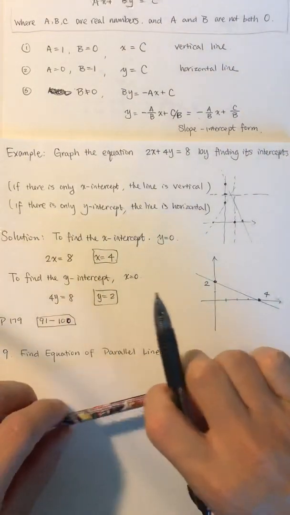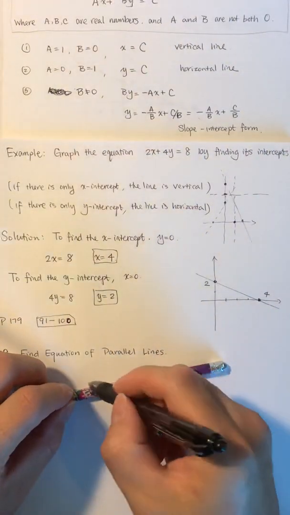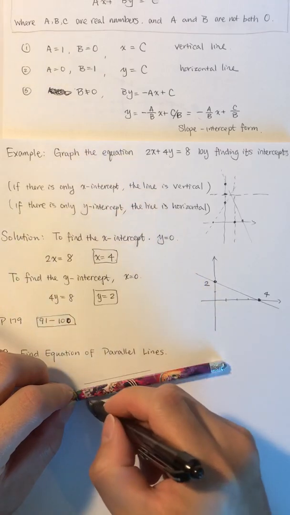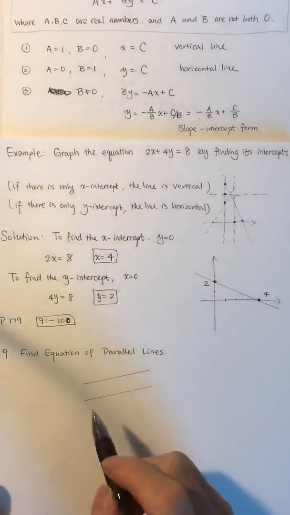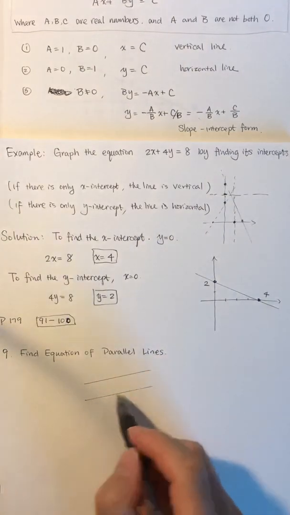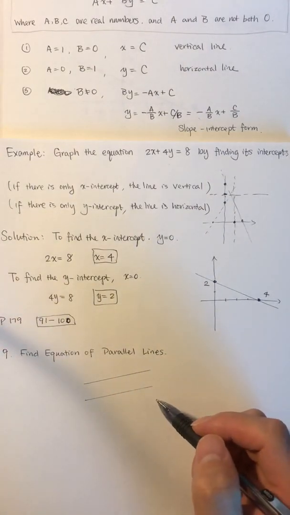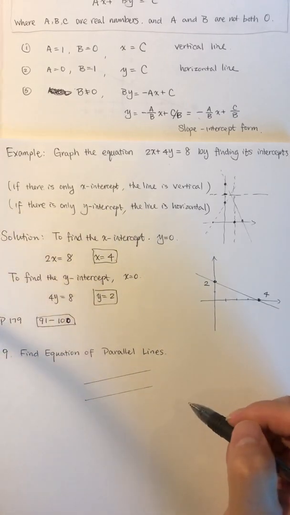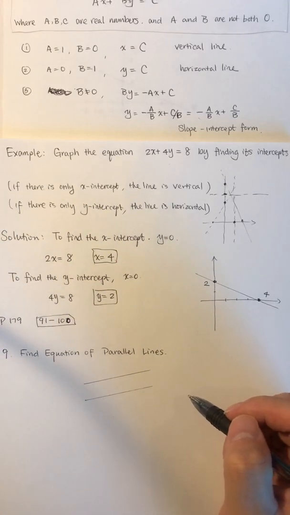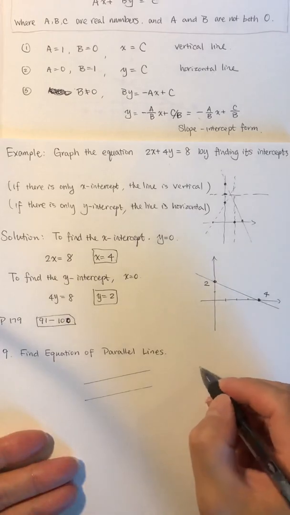Let me draw two parallel lines. This way, this way. Well, if my pencil is straight, then these two lines are parallel. Parallel lines have exactly the same direction. How do we describe the direction?